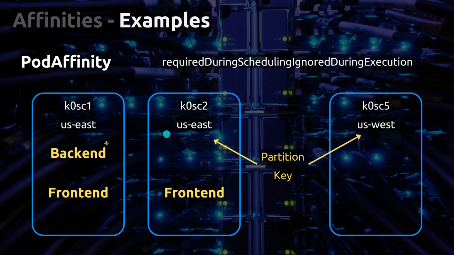So this is totally the opposite. In our case, with anti-affinity, we will have front end on one server, but backend on another server, and this condition will be checked, of course.